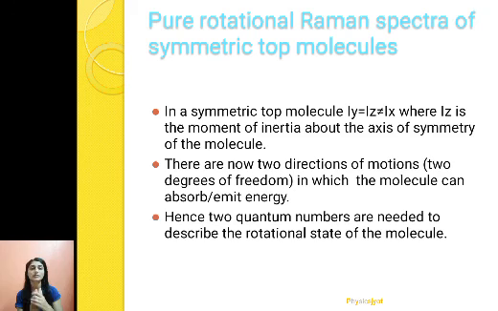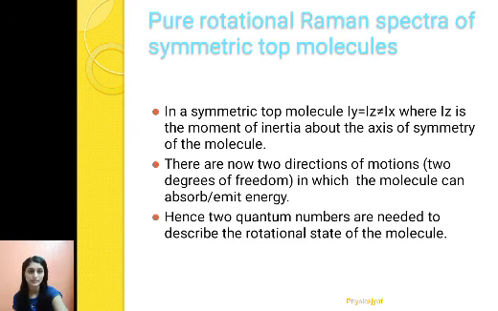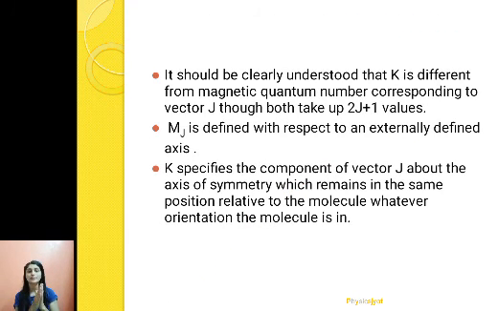So here, in order to explain the rotational state of the molecule, we will need two quantum numbers. We will consider two quantum numbers J and K, and it should be understood that this K is different from the magnetic quantum number, because here this K quantum number will also take 2J plus 1 values.